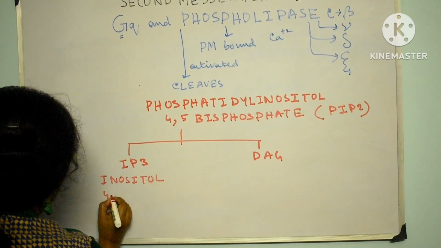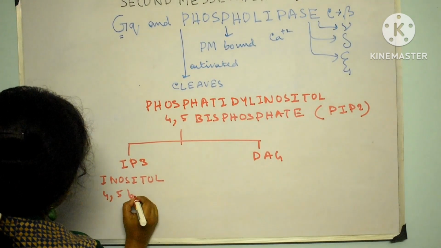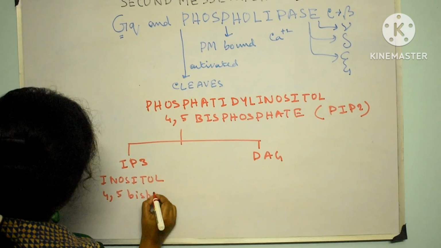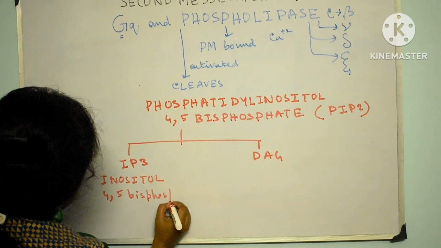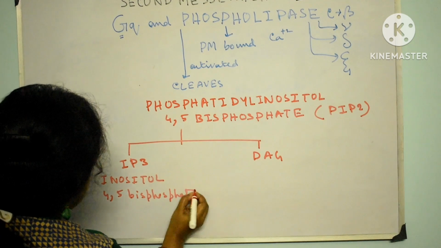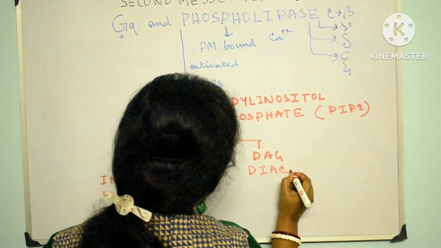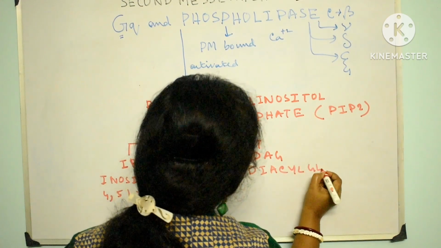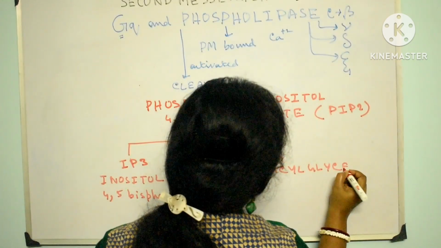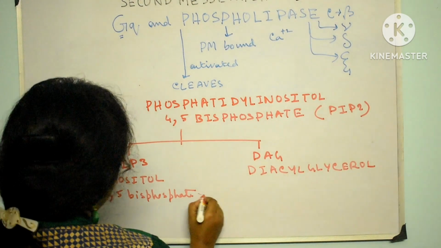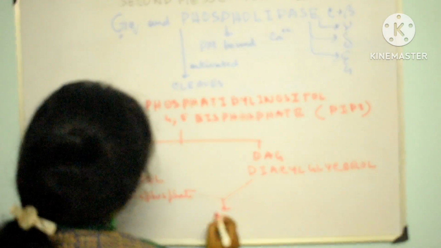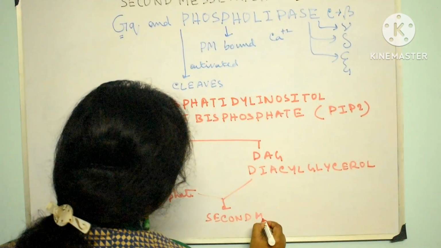Full form of IP3 is inositol 1,4,5 trisphosphate, and DAG full form is diacylglycerol. These two act as second messengers.